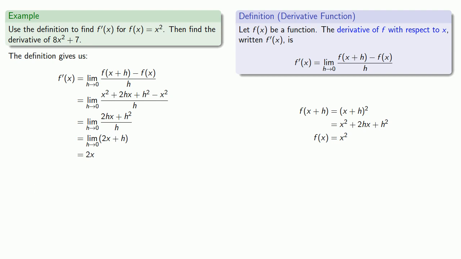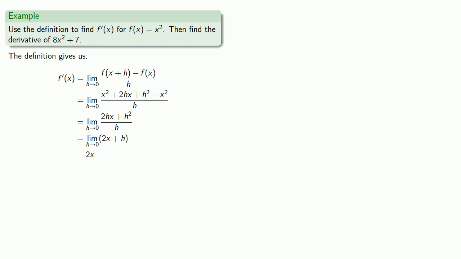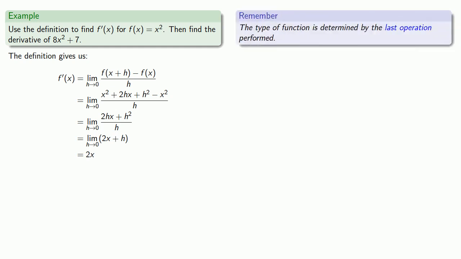What about the derivative of 8x squared plus 7? It's very useful to keep in mind the following idea. The type of function is determined by the last operation performed. So here we have this expression 8x squared plus 7, and the last thing that we are supposed to do when evaluating this expression is add.